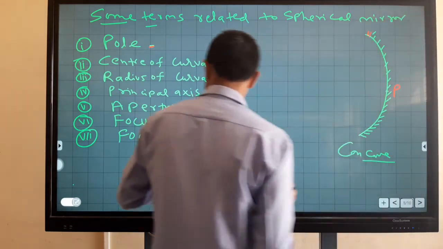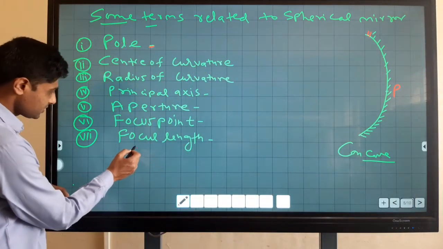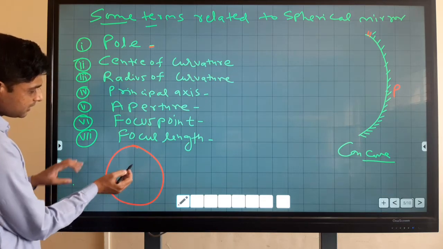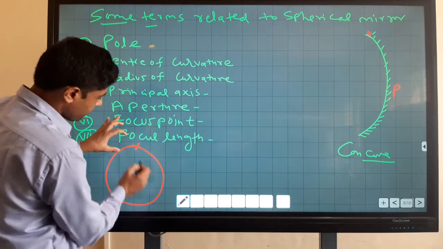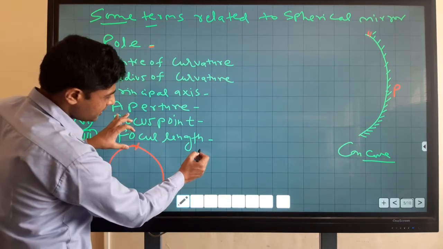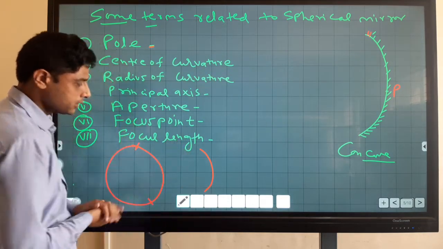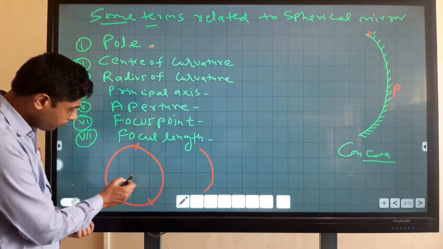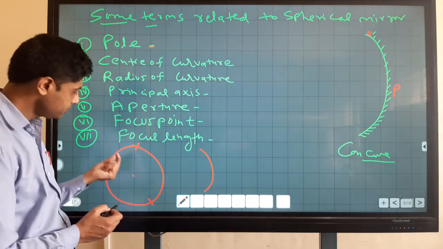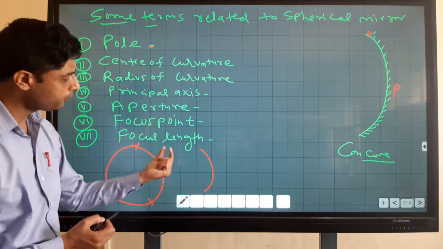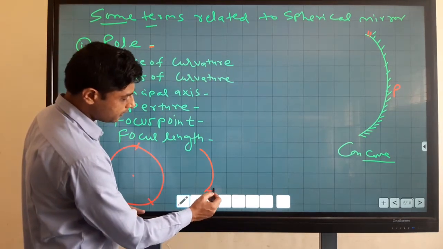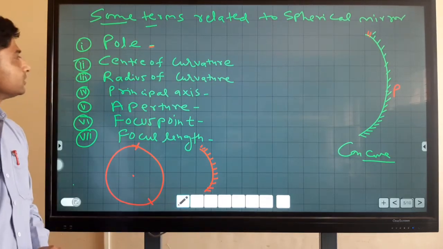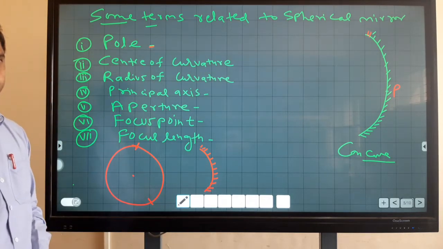It means if it is a sphere and this portion is used in the formation of a spherical mirror, then the center of that hollow sphere is known as the center of curvature.